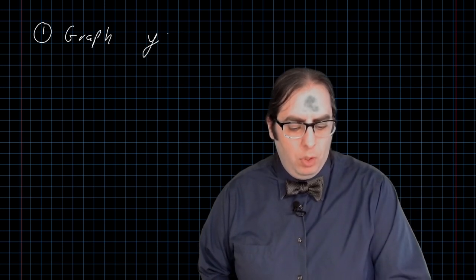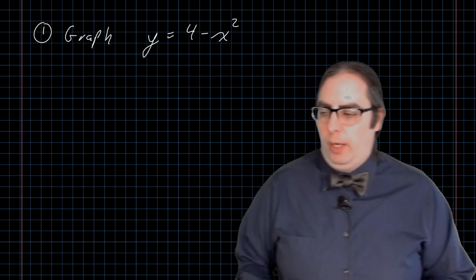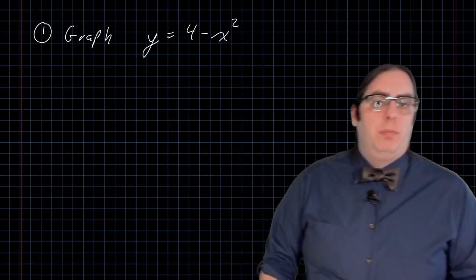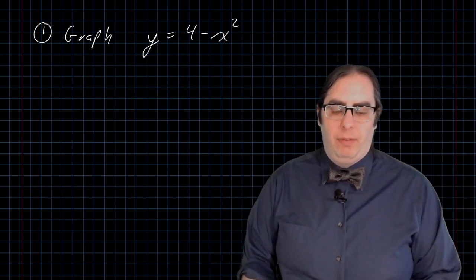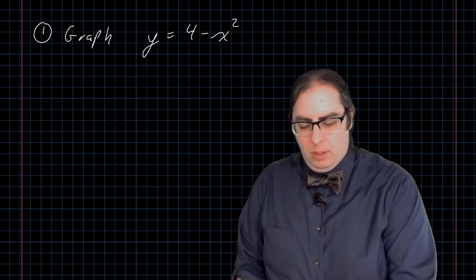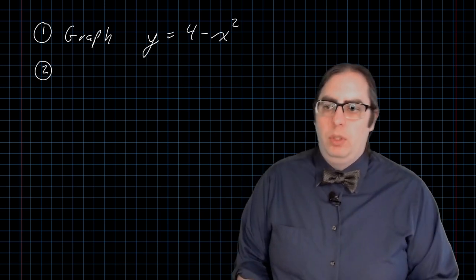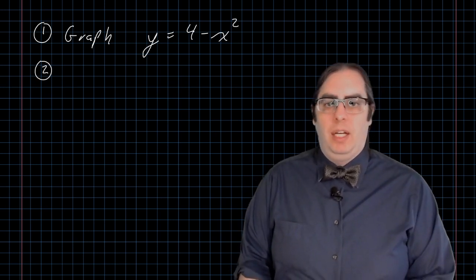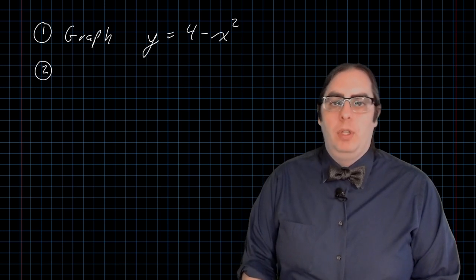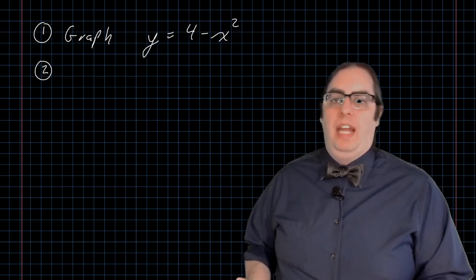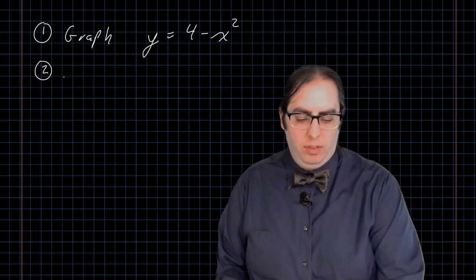graph y equals 4 minus x squared. Use Desmos or similar software however you would like. I would then like you to find the area of the figure formed below this graph and above the x-axis.